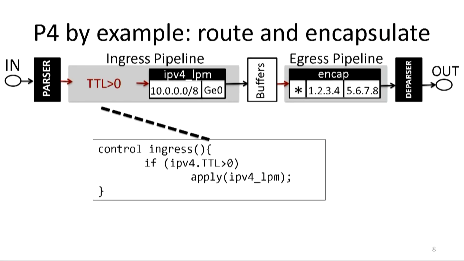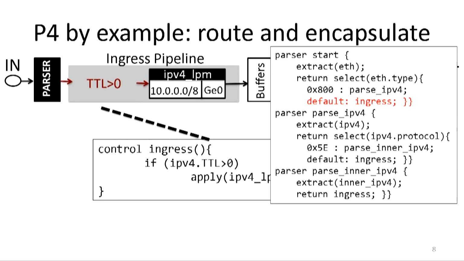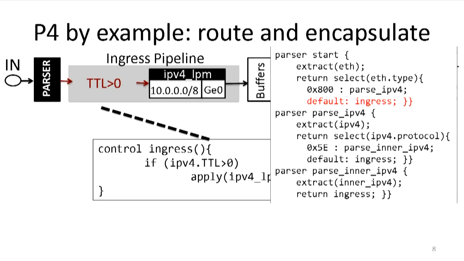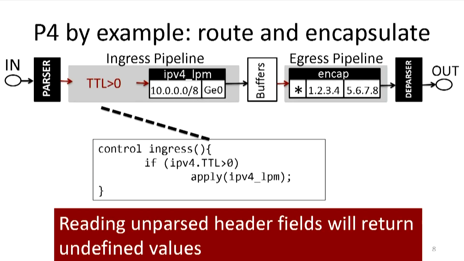This is extremely simple. We only check for the validity of the TTL field, and then we forward the packet for longest prefix matching and routing. What can go wrong, right? Well, going back to the parser, we can observe here that our switch also accepts non-IPv4 packets, in which case the TTL value will have an undefined value.